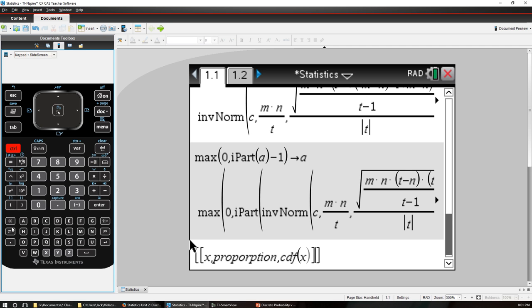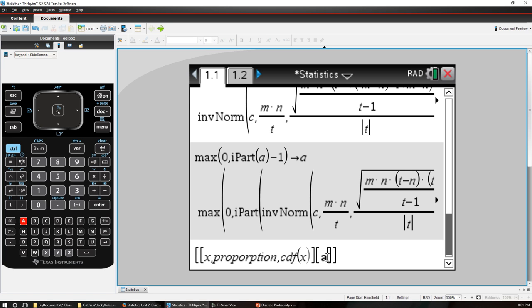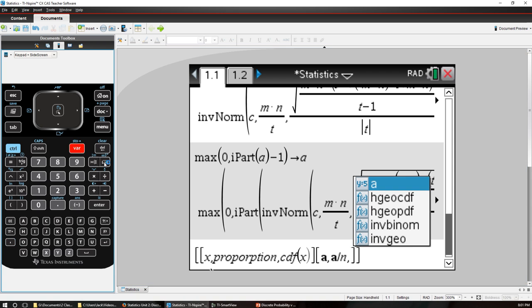And then another set of brackets will go to our second row. Our second row will be A, that A value that we have above. It'll be the proportion of A in the sample, so that's going to be A divided by N. And then we will have the CDF, and that is from here.